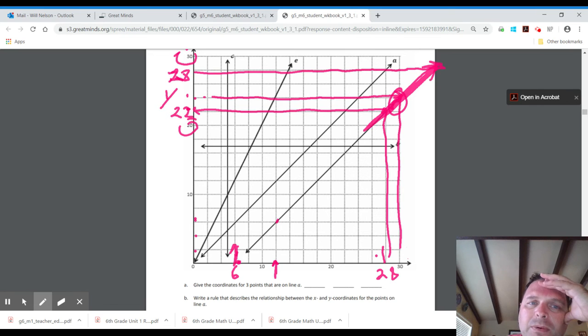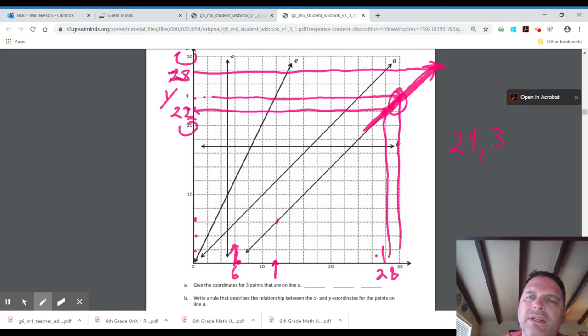our highest point, which was 24 and 30. So how much does it go up each time? This line looks like it's going up 1 for 1. That means every time one number increases by 1, the other number increases by 1. So we're going to start with 24 and 30.